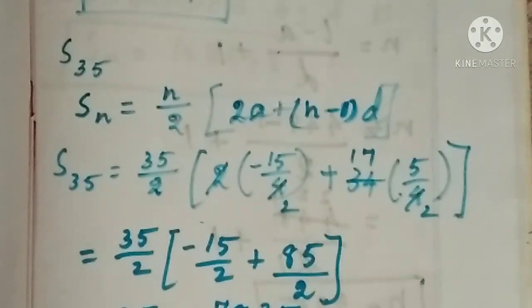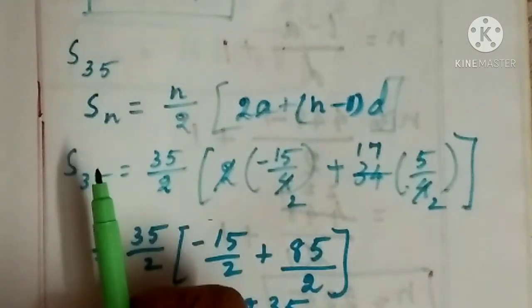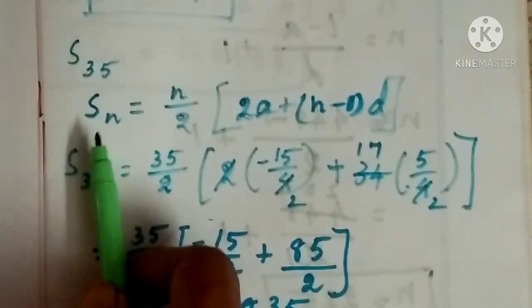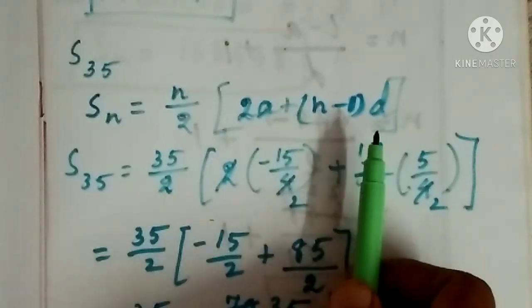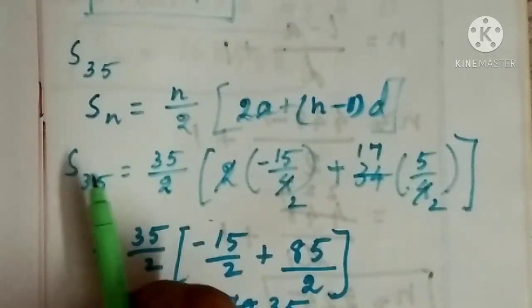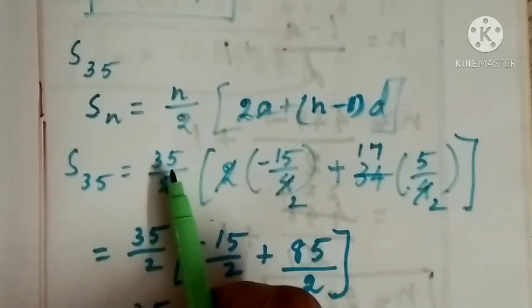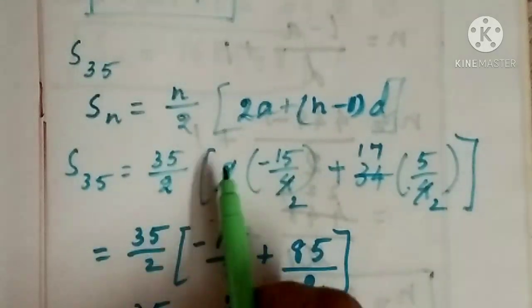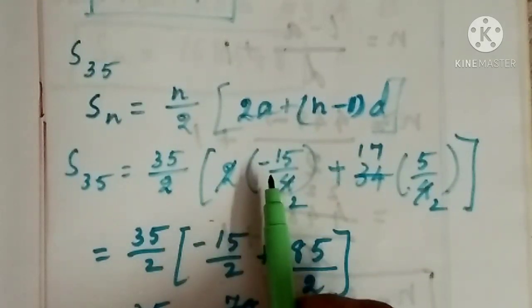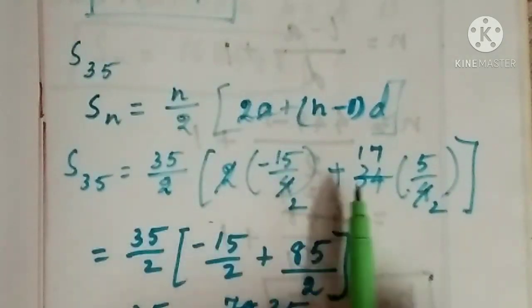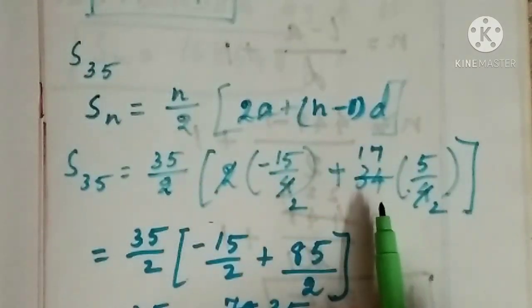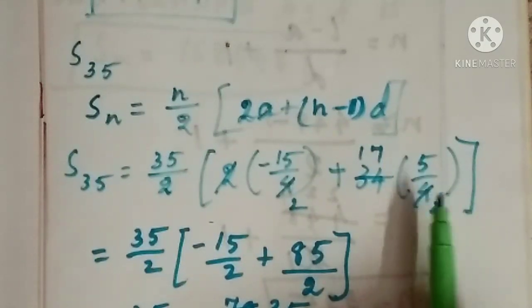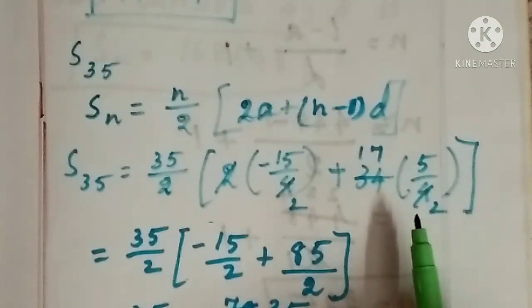Next, we have to find the sum of first 35 terms, that is S35. For this, we have to apply the formula Sn is equal to n by 2 into 2a plus n minus 1 into d. So, S35 is equal to, here n is 35, 35 by 2 into 2 into, here a is minus 15 by 4 plus n minus 1, 35 minus 1, 34 into, here d is 5 by 4.